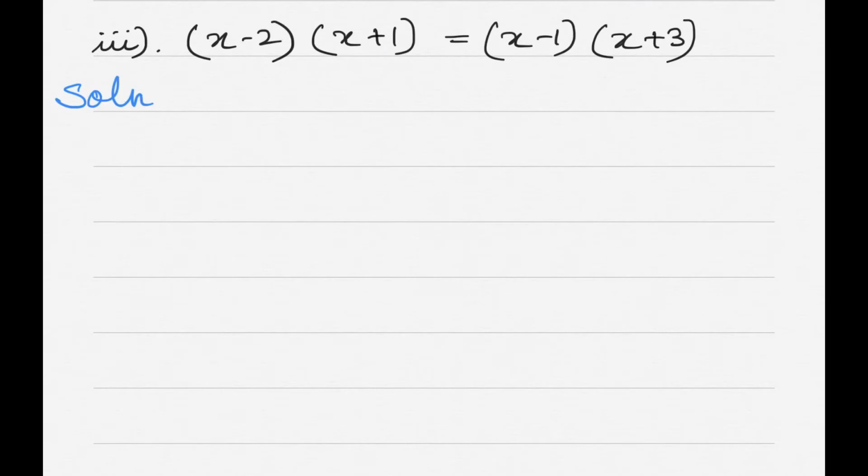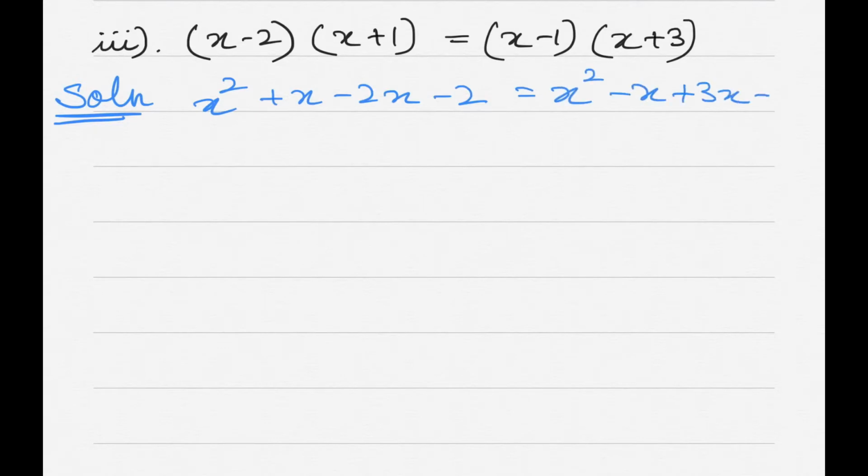Now the third part: x minus 2 into x plus 1 is equal to x minus 1 into x plus 3. So let's multiply binomial into binomial. I get x square plus x minus 2x minus 2, and on the other side x square minus x plus 3x minus 3.